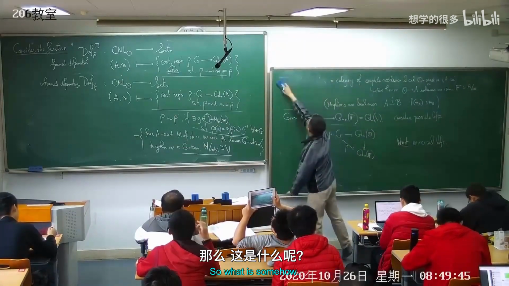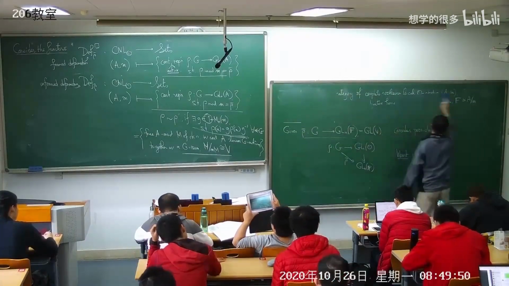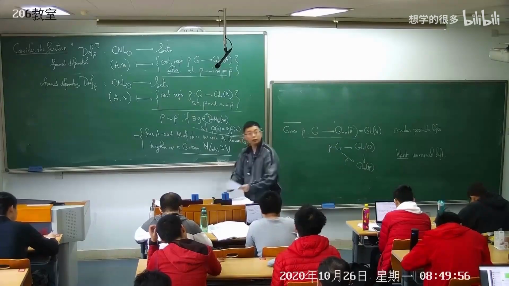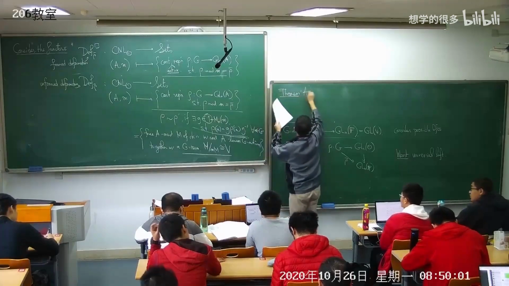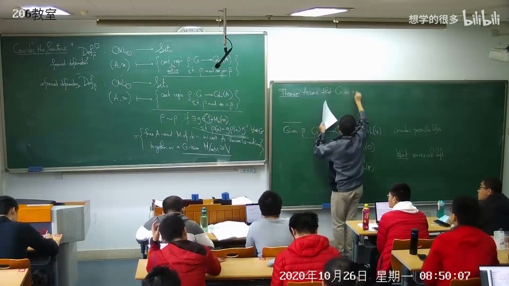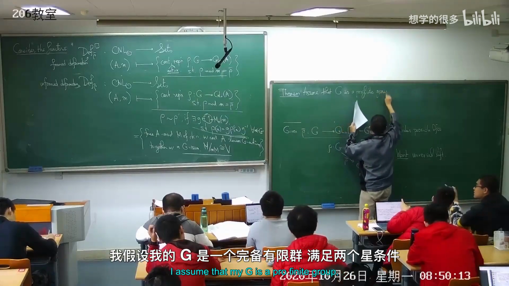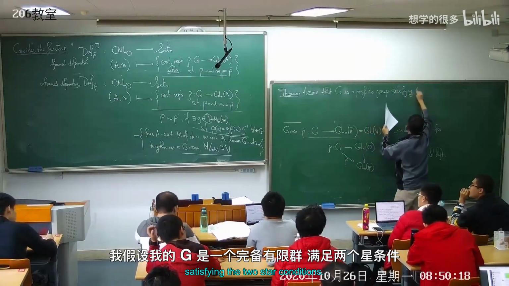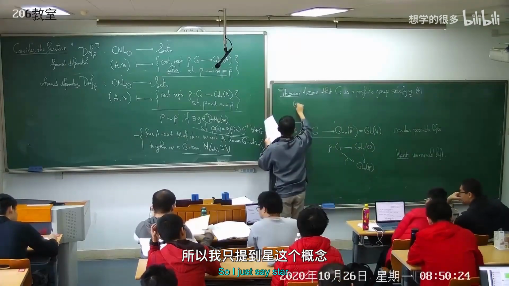So let me state my theorem and then explain the meaning it contains. Assume that my G is a profinite group satisfying the two star conditions. I mean, the two conditions are equivalent, so I just say star.